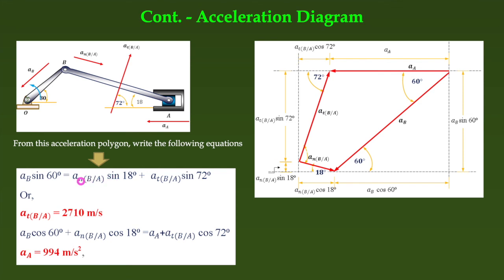Then ANBA, as omega BA is known, so we also know ANBA. Substitute this value and get the tangential component. Similarly, from this equation, the upper side, this plus this equals this plus this, writing and substituting the values of this and AB, we get A equals 994 meter per second square.